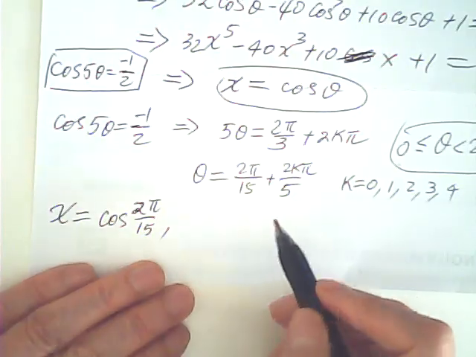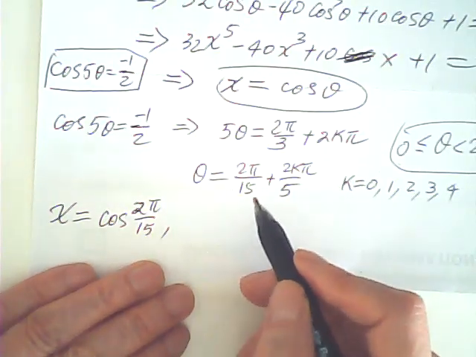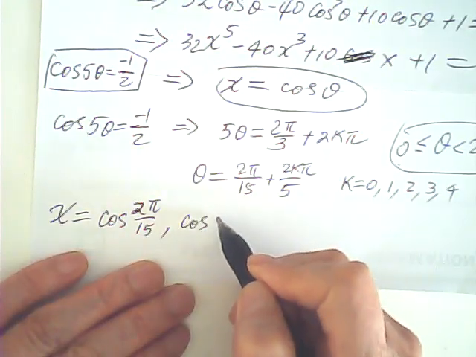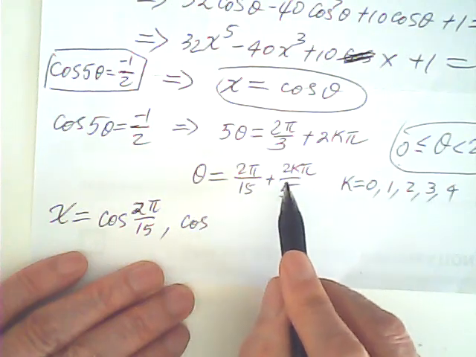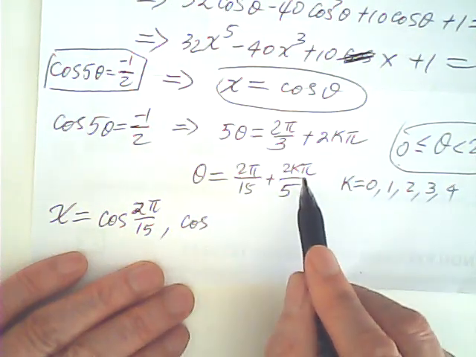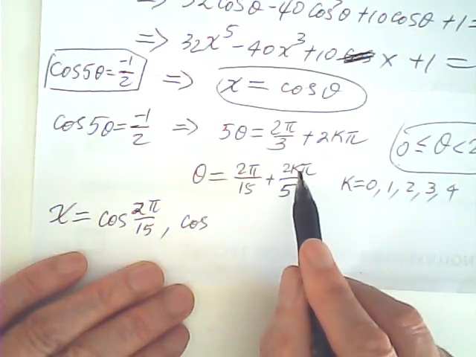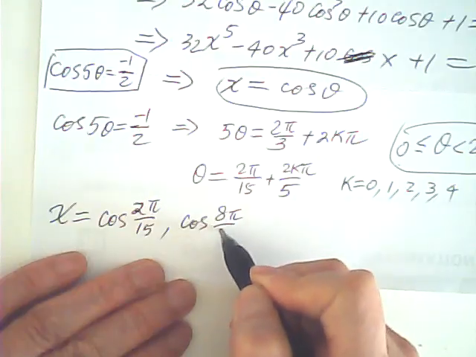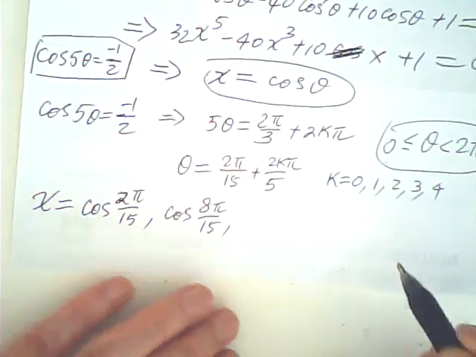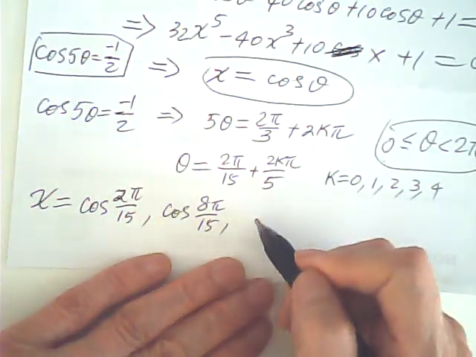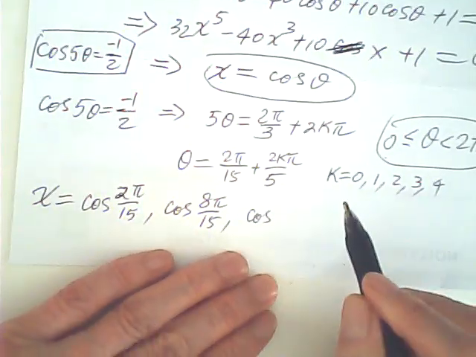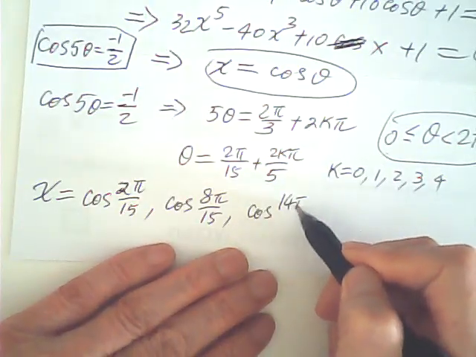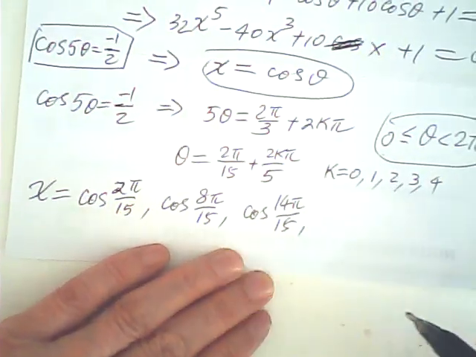When k equal to 1, it's cosine 8 pi over 15. When k equal to 2, cosine 14 pi over 15.